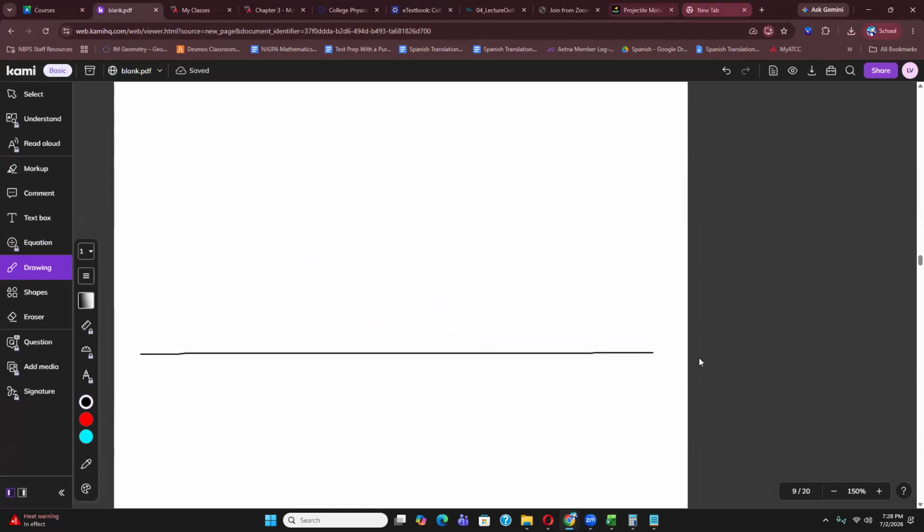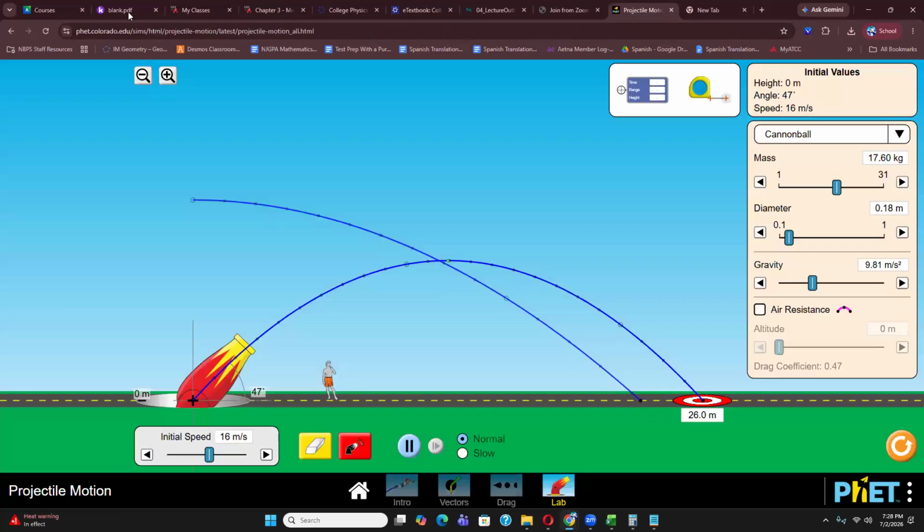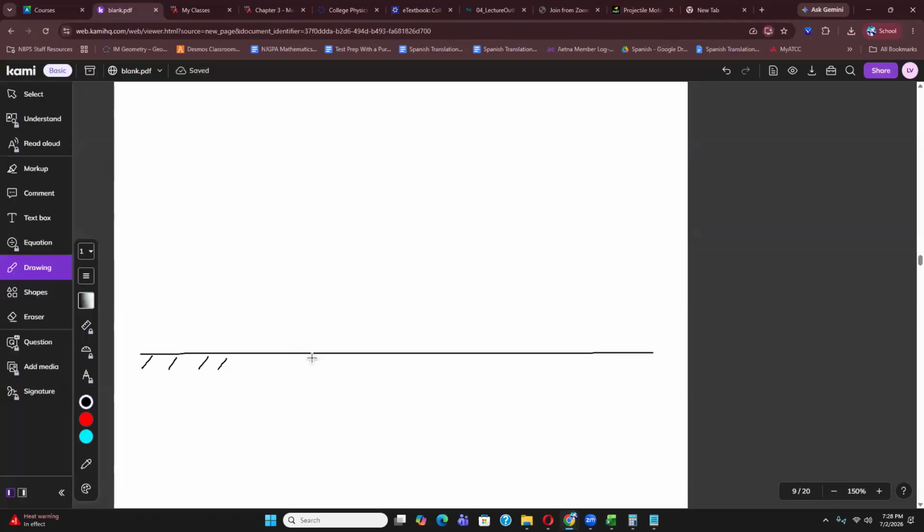What's happening here? This is the horizontal ground. We have a mass that is going to be launched with some velocity at some given angle.